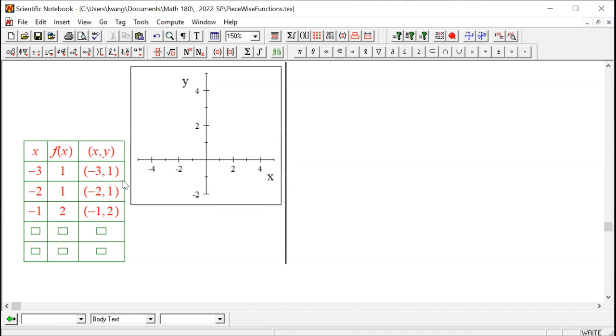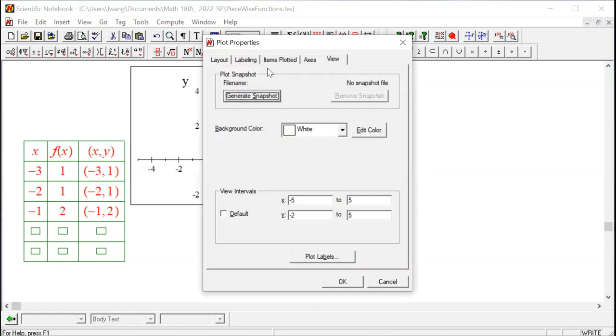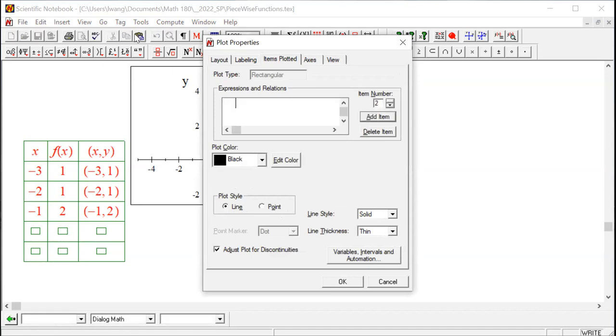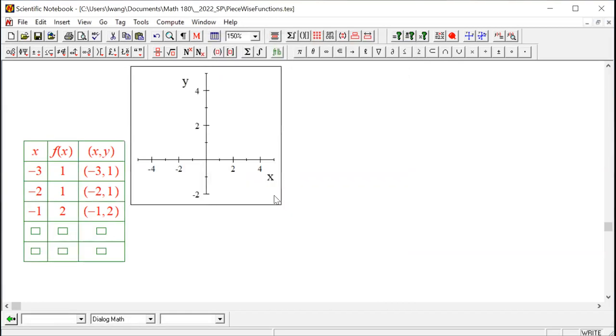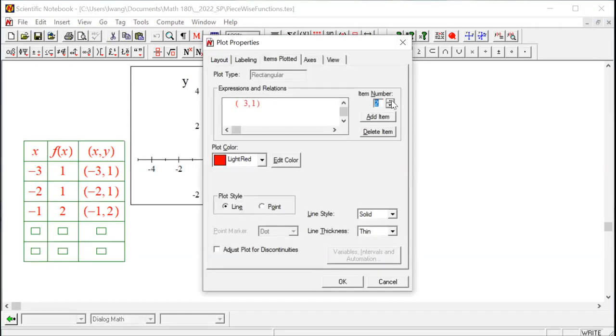Okay, so we already have 3 points, right? For input -3, the output is 1. For input -2, the output is 1. Oops. What have I done? Oh, I need to change it to points.